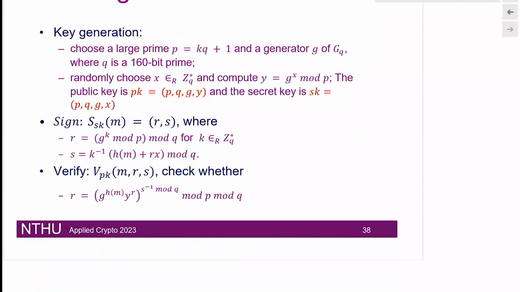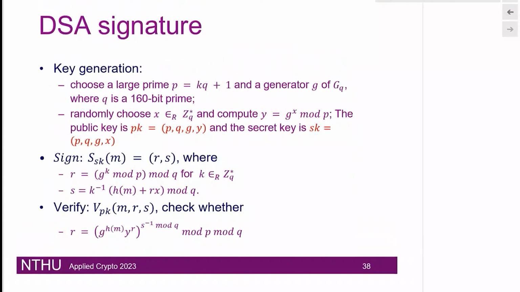So right, one last thing that I wanted to feed in, even just the description, I think it would be worth it to discuss the DSA signature. DSA is known as the digital signature algorithm, and the truth is, if you check your browser for most of the websites that you connect to, you see that the default or preferred signature scheme is DSA, even though you use RSA for encryption.